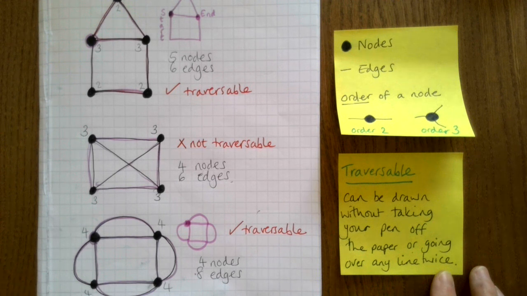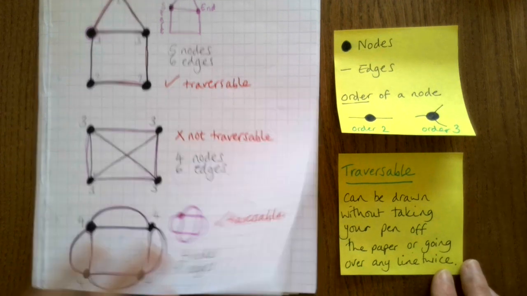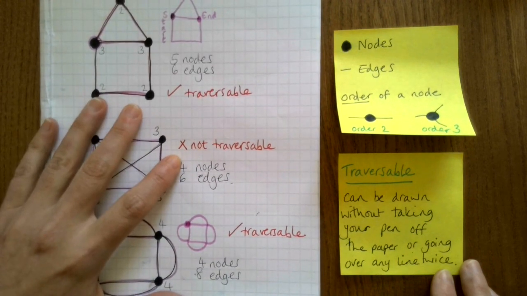I want to see if you can spot any patterns and figure out what makes a graph traversable. You can make up your own graphs, but if you're stuck, there are some graphs on an attachment on the task. If you're finding it really tricky, you can just try and draw them without taking your pen off the paper. The main task is to figure out what makes it traversable.